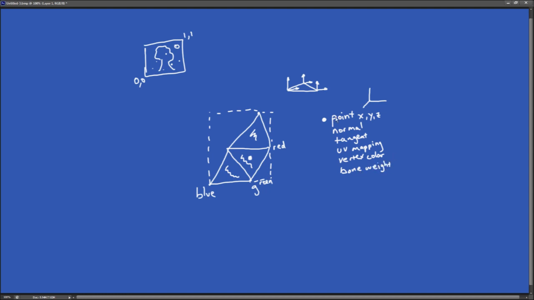And then outside of our vertex definition, we have a triangle definition. Since a vertex could theoretically be used in more than one triangle, rather than defining a triangle for a vertex, which would limit us to only one triangle per vertex, we have a separate triangle array. That triangle array contains triplets.